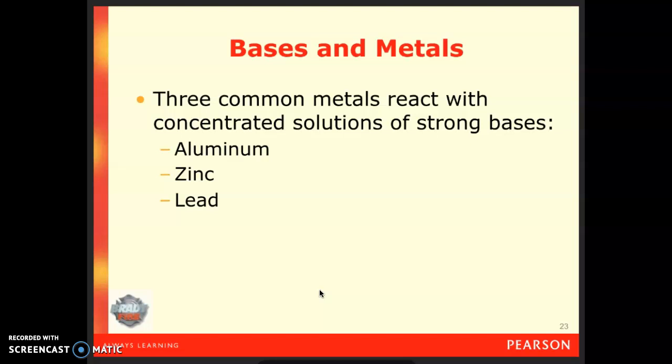We don't see as much with things like copper or any of the other more common metals. It's really just kind of these three. And so that's again a big difference between acids and bases. The range of reactivity for acids is much more than the range of reactivity for bases.